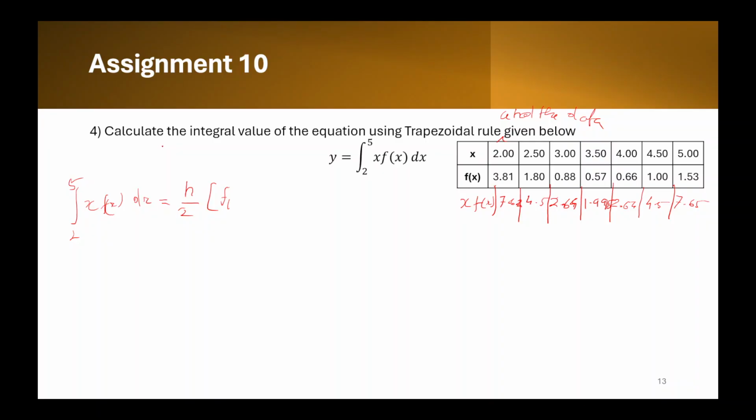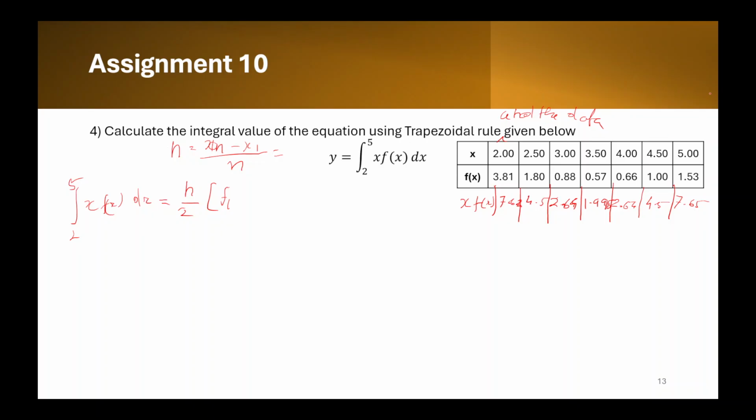And the interval you can also get. So h is xn minus x1 by n. Number of data points given to us are 7. This n is not the number of data points, it is the number of intervals.